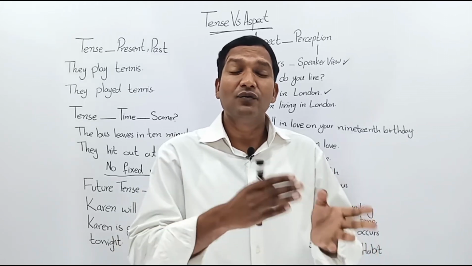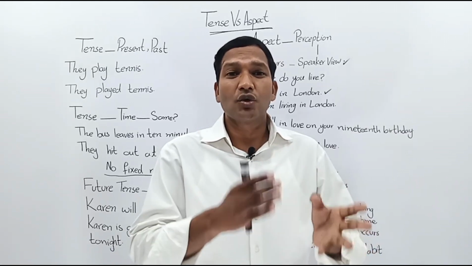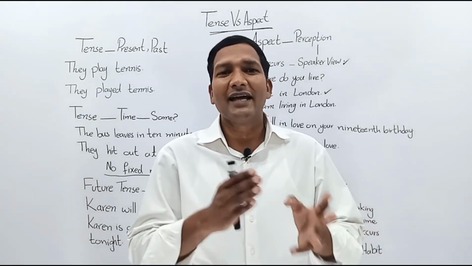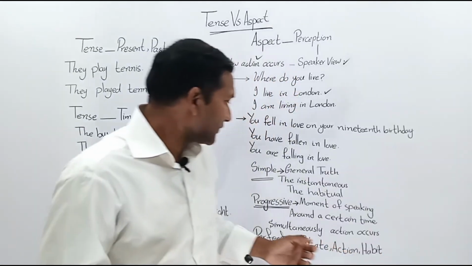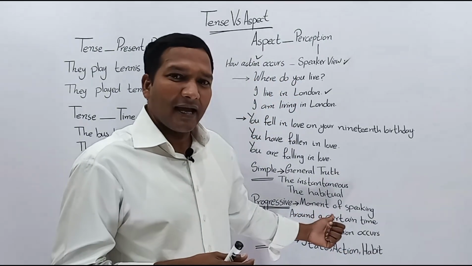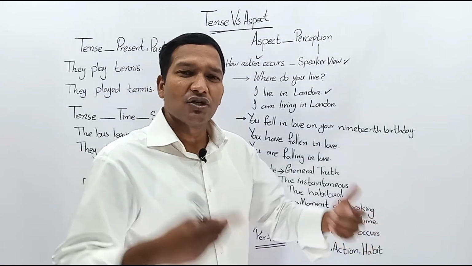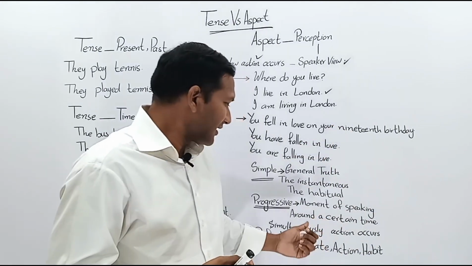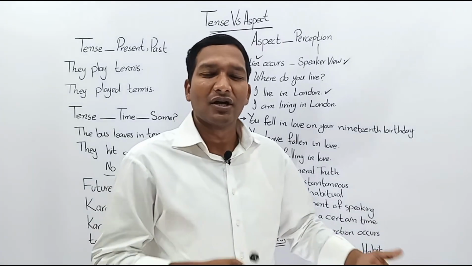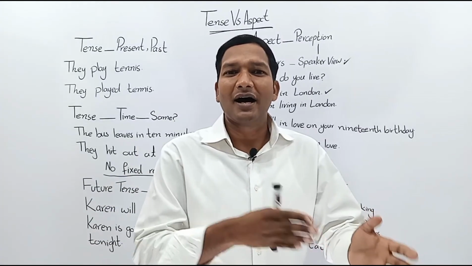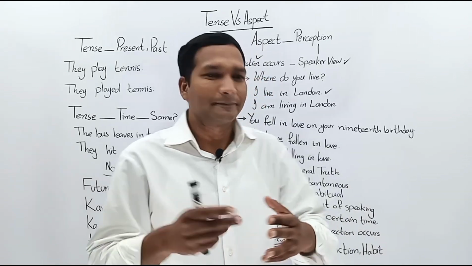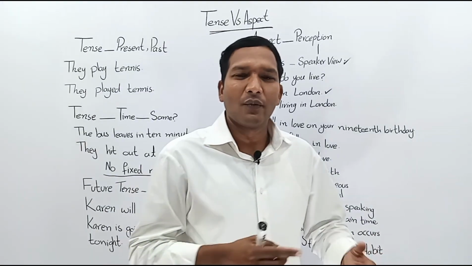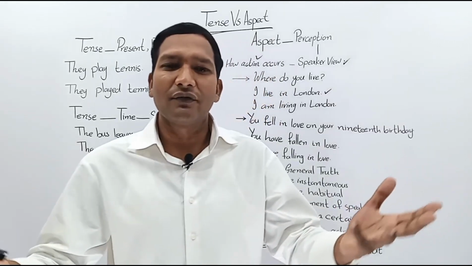So here we can use it to show the actions which occur at the moment of speaking. You are watching video, I'm making video. Around a certain time, when you joined them, I was watching a film. Simultaneously, action occurs. When you get home, I'll be making coffee.